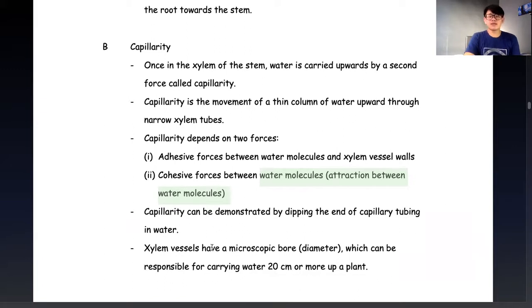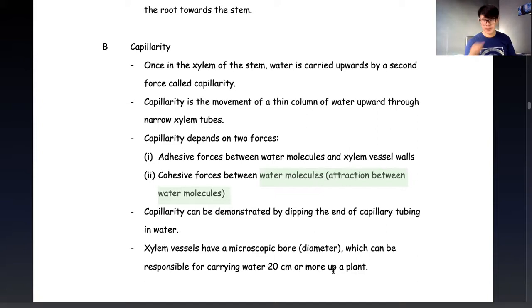Okay, and the xylem vessel has a microscopic bore, a tiny diameter, which is responsible for carrying water 20 centimeters or more up the plant. Because the xylem tubing is very small, the water is able to go up quite a distance, about 20 centimeters.